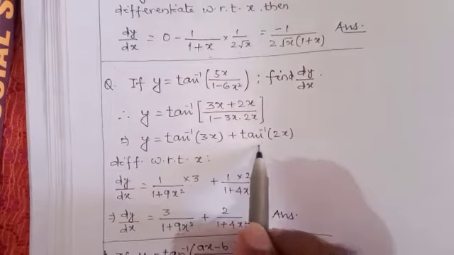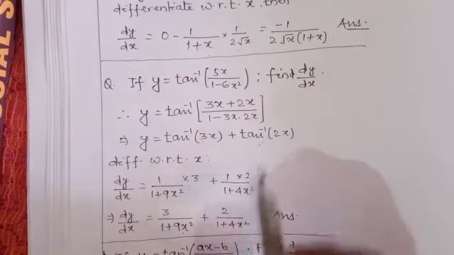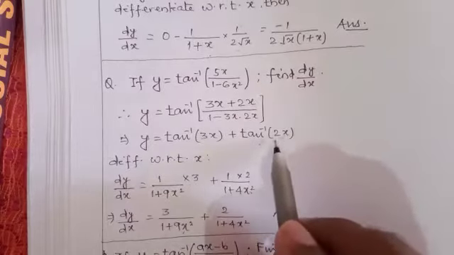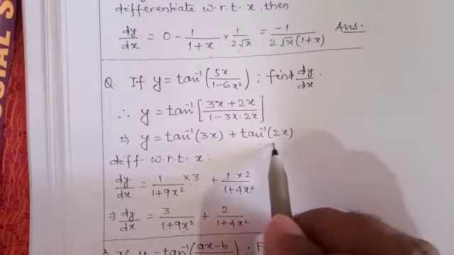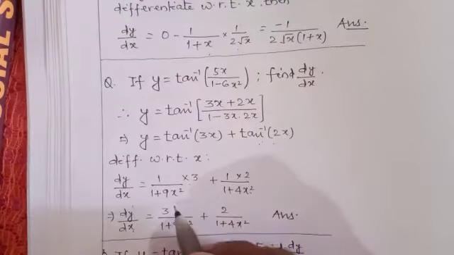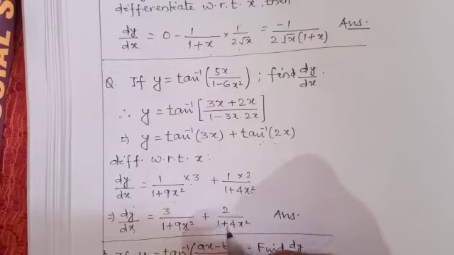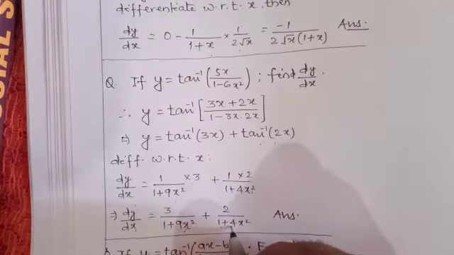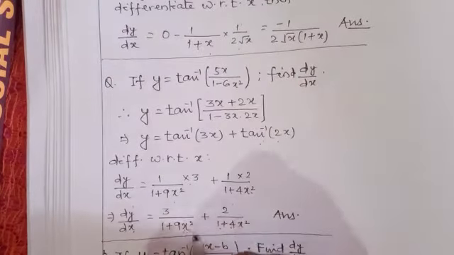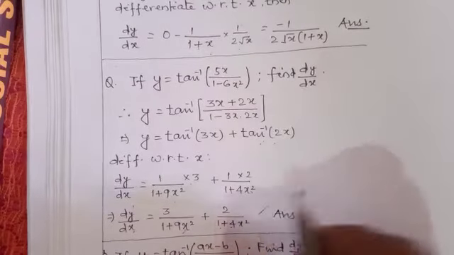On the other side, 1 by 1 plus x square, that is 1 plus 4x square, and differentiation of 2x is 2. So finally dy by dx would be 3 upon 1 plus 9x square plus 2 upon 1 plus 4x square. There is no advantage in further simplification, so this should be your result.